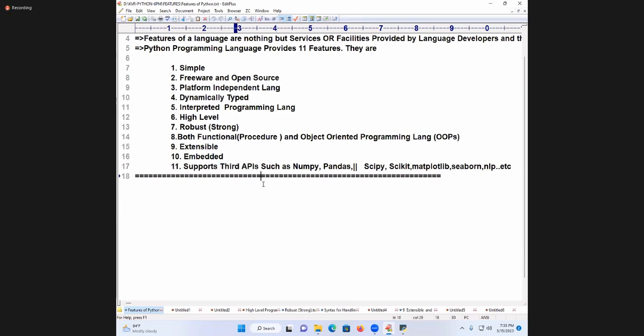So somebody asked after the class, what is Python? You have to say, Python is one of the simple, freeware, open source, platform independent, dynamically typed, high level, robust, functional, object oriented, extensible, embedded, third party API supporting programming languages.